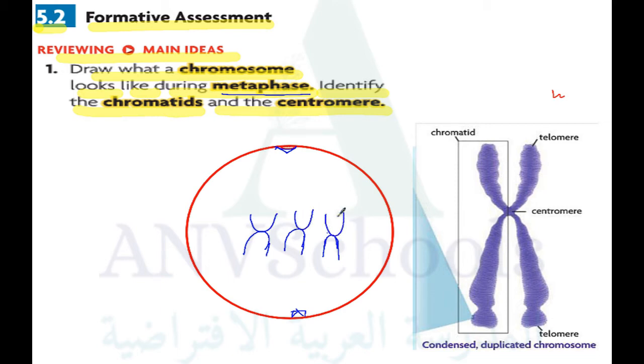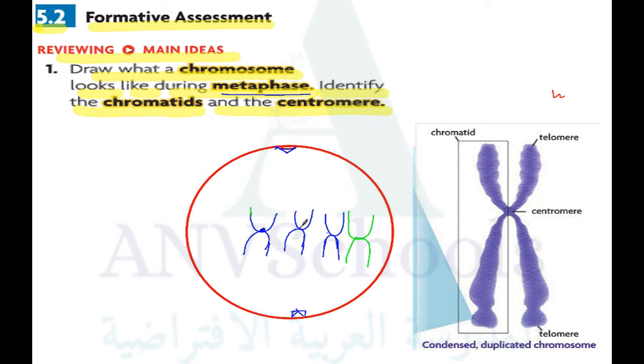They are normally 4. Let's try to make them look different. So we have things like this, and as I have said, they are aligned at the center.